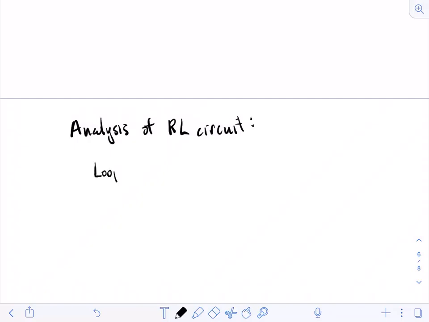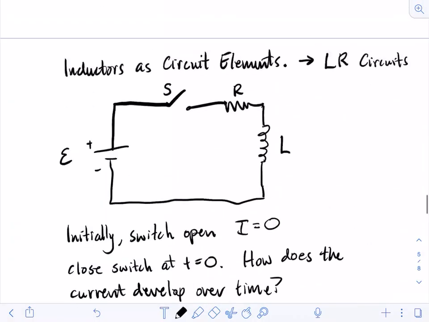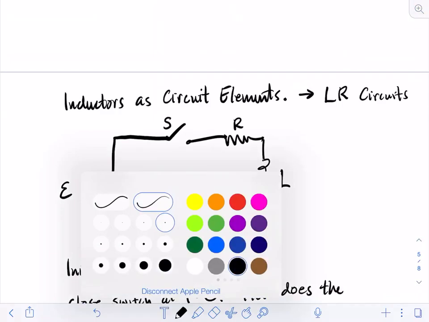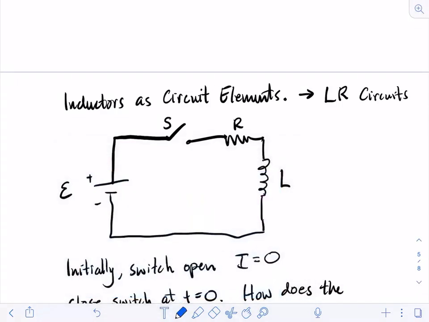So we'll just do a loop rule. We'll go back to our circuit. We'll start in, say, the lower left corner, and then do a loop that returns to its starting point.